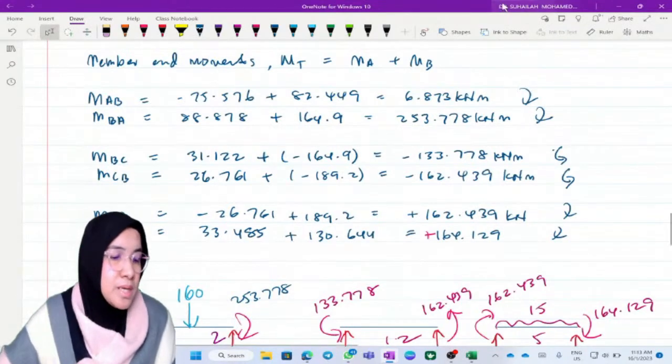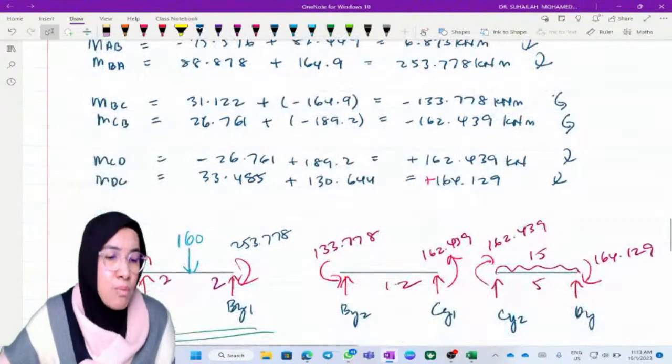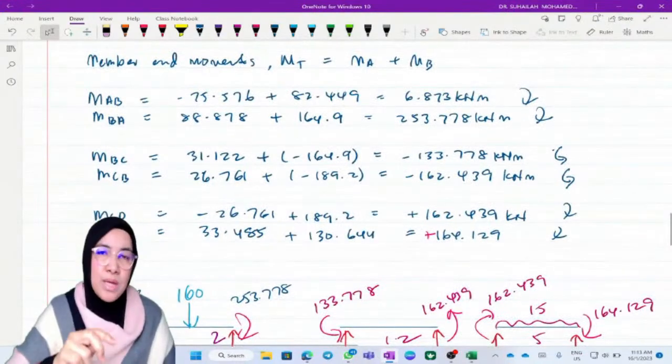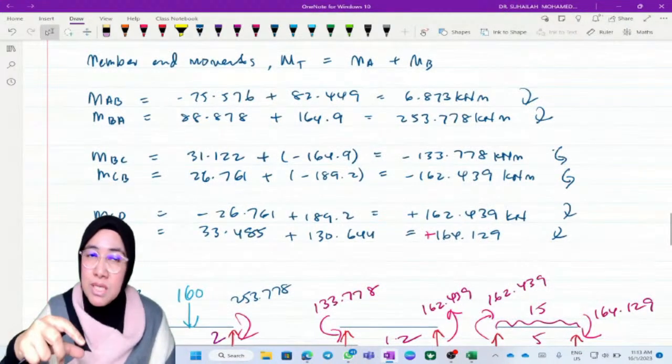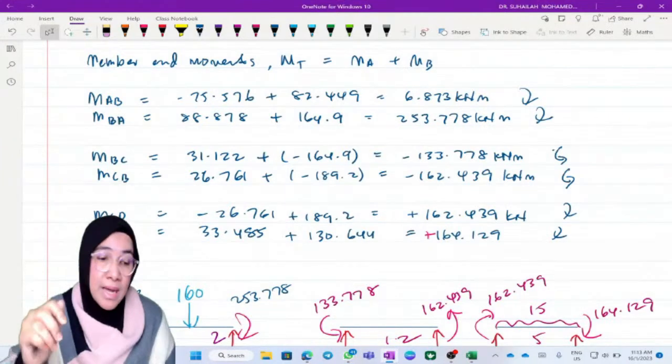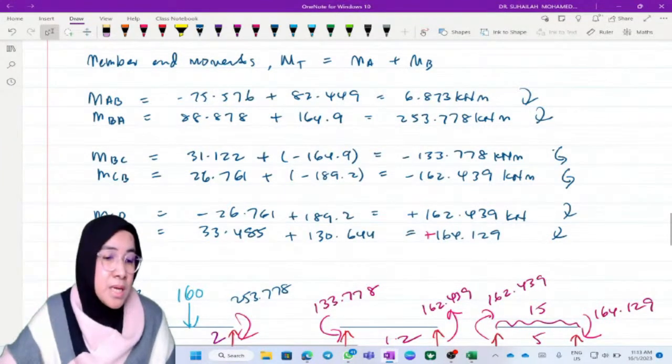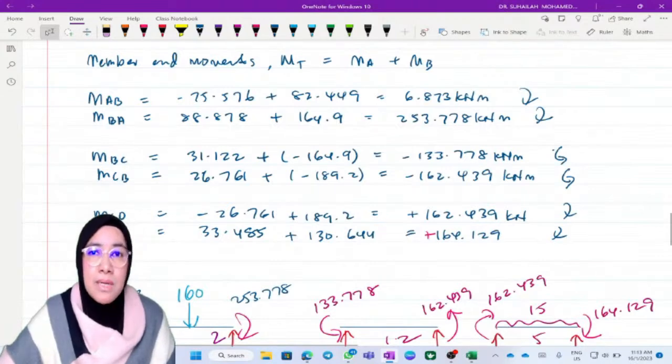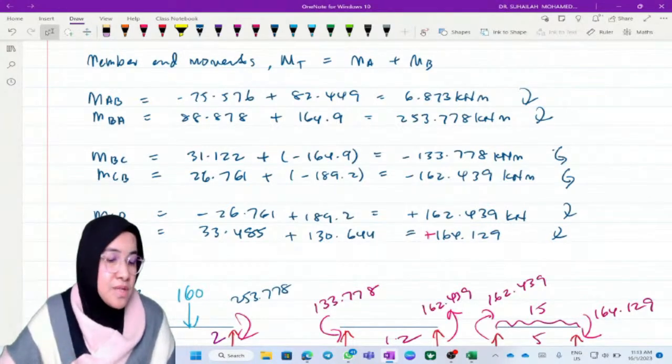Due to the moment sign, we can sketch the position of the bending moment diagram, and also determine the vertical reaction.